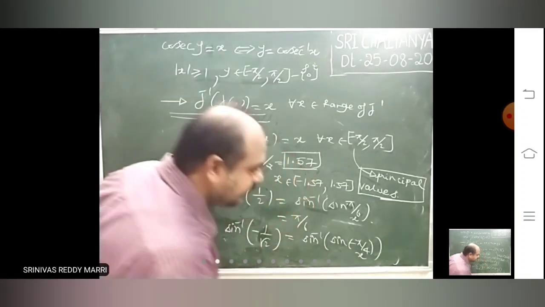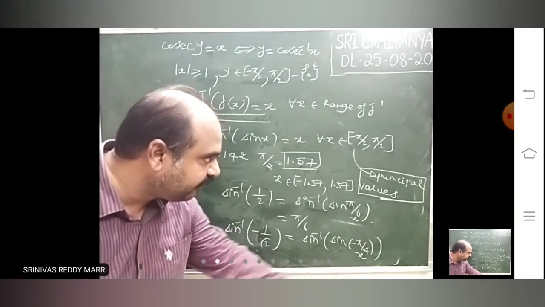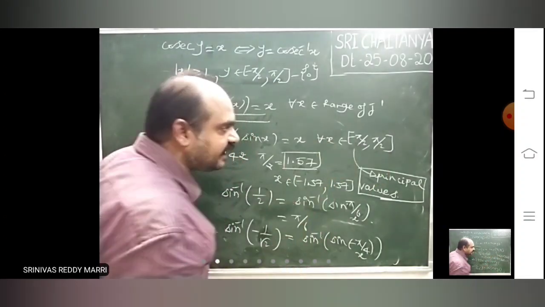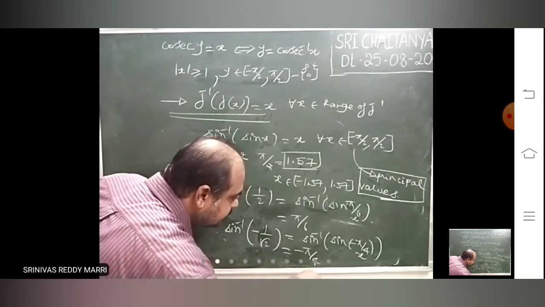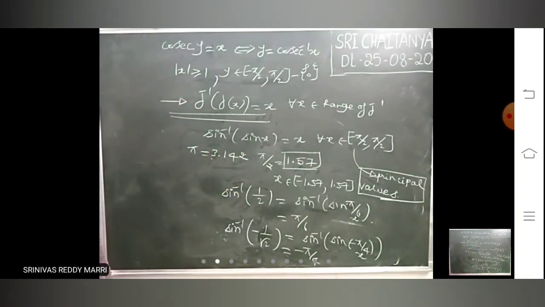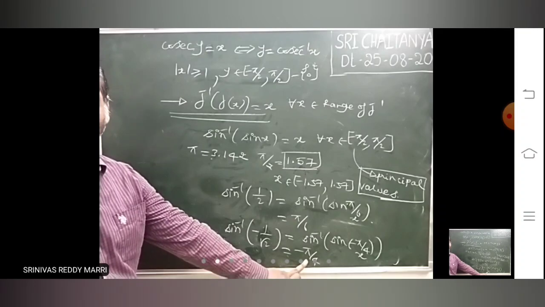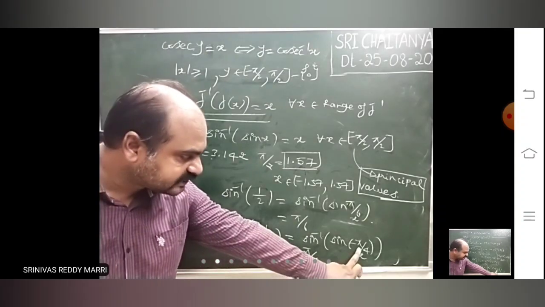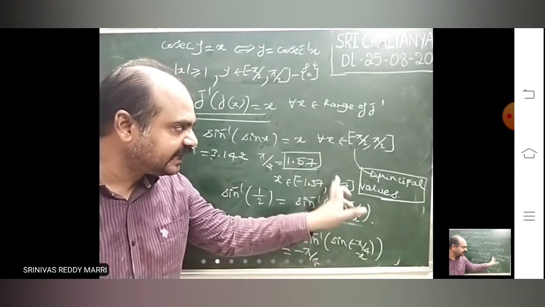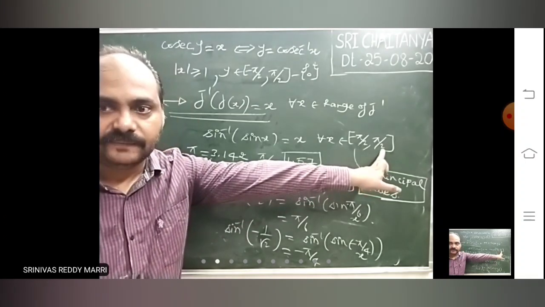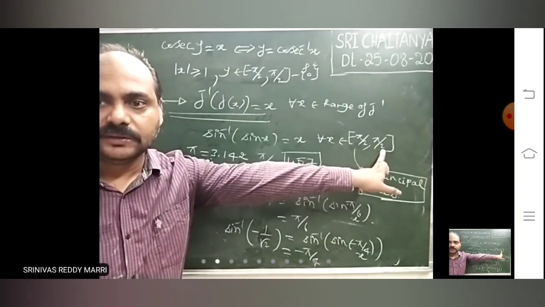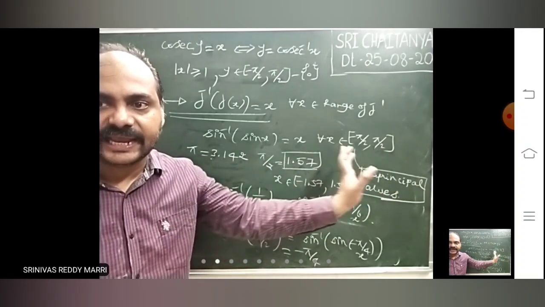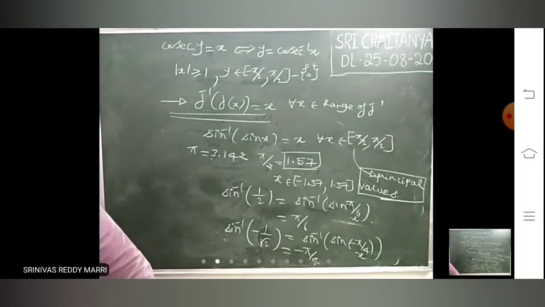If you look at x here, x is minus pi by 4. Is it lying in this interval or not? Yes. So therefore sine inverse sine x is minus pi by 4. Just check whether this x lies in the principal value interval, minus pi by 2 to pi by 2. In that interval, if x lies, write sine inverse sine x equal to x.